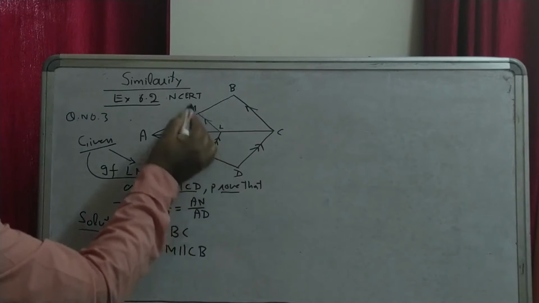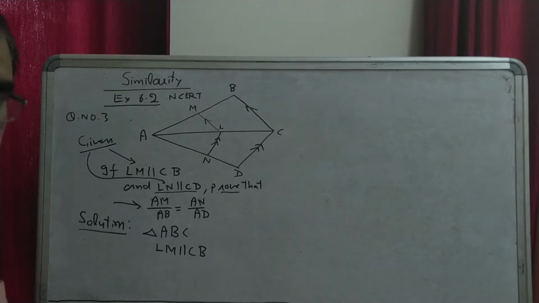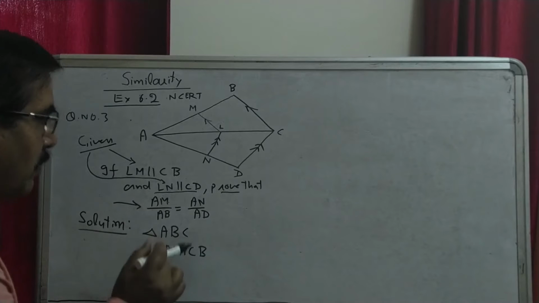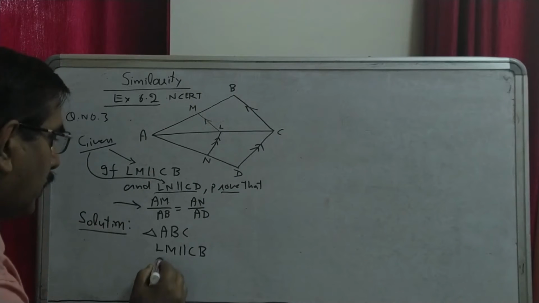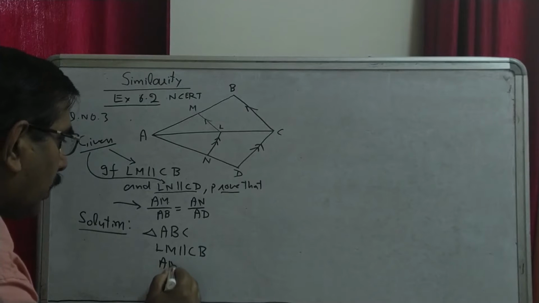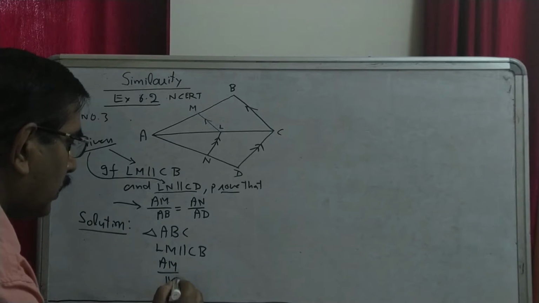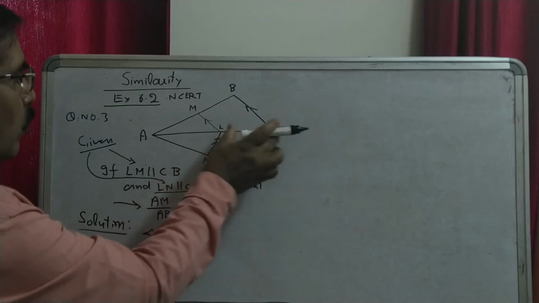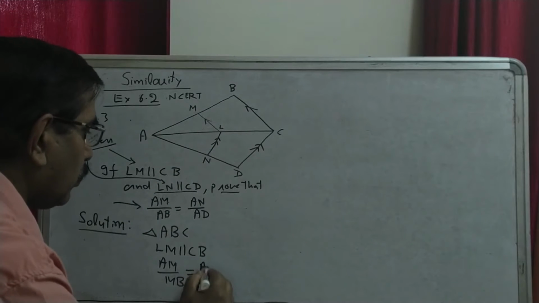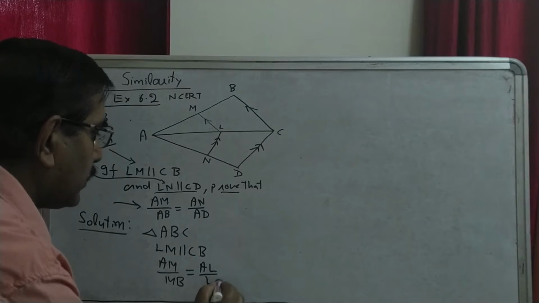LM is parallel to CB is given to you. Now, if you apply the basic proportionality theorem, then you get AM over MB is equal to AL over LC.